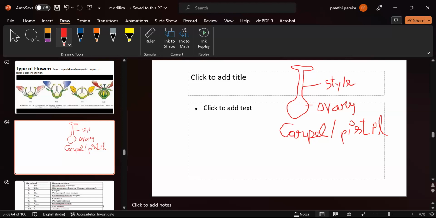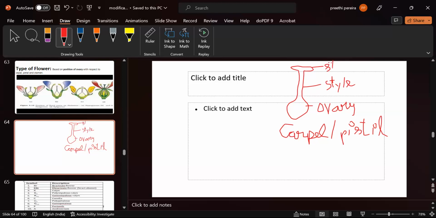This is known as the style. And the topmost part is the stigma. So stigma, style and ovary, all three together we call carpel or pistil.